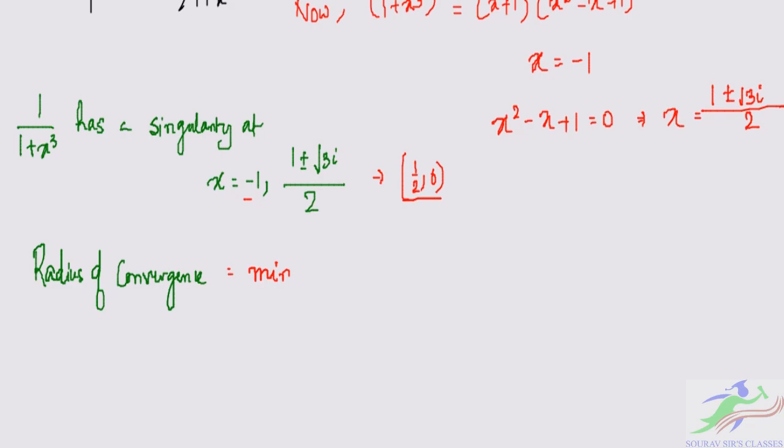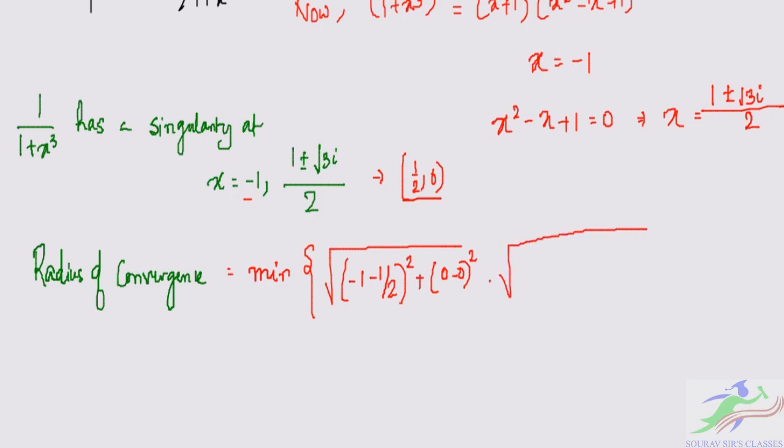Distance means we have to take the square root of the sum of squares: minus 1 minus half, squared, plus 0 minus 0, squared.